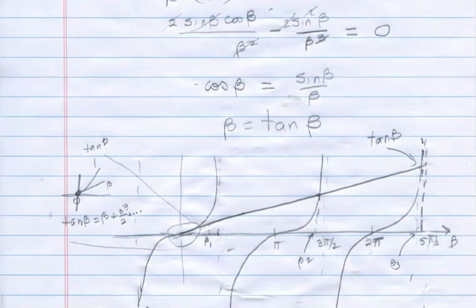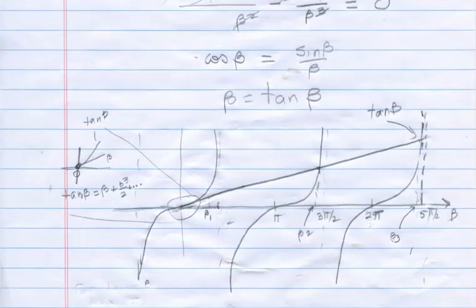You have to ultimately do it numerically if you want great precision, but a good way to look at it is to first plot the tangent of beta, and that's these S-like curves. Remember, the tangents blow up. They go asymptotic at pi over 2 and minus pi over 2, and then in subsequent branches you get the asymptotes as well.